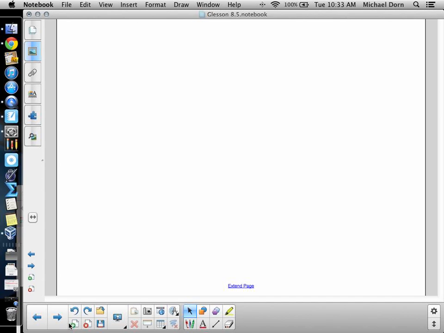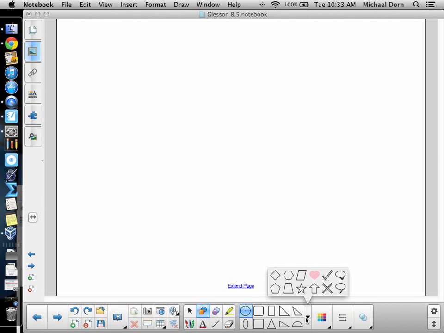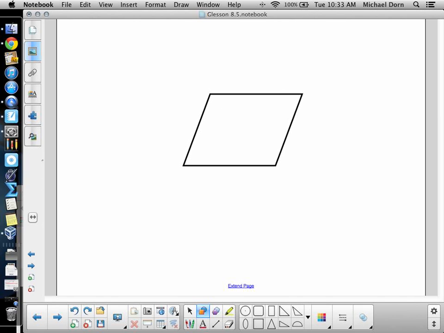Okay. So for 36, we had a rhombus. 53 and 8 were the measurements given. And this is 8.